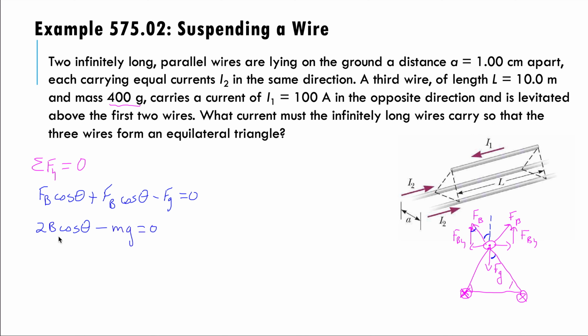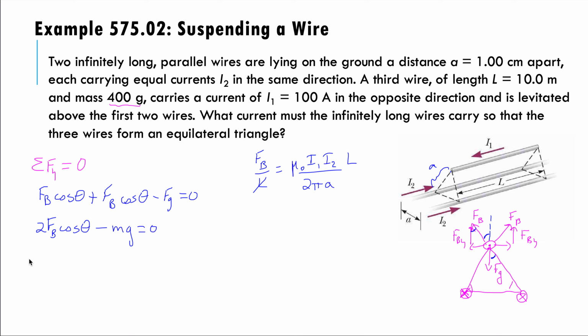And now we just need an expression for FB. Well, we learned in this video that the magnetic force per length is equal to mu naught times I1 times I2 over 2 pi A, where A is the distance between the two wires. So for FB, we're just going to multiply both sides by L. The distance between the two wires is in fact A, because we want an equilateral triangle.